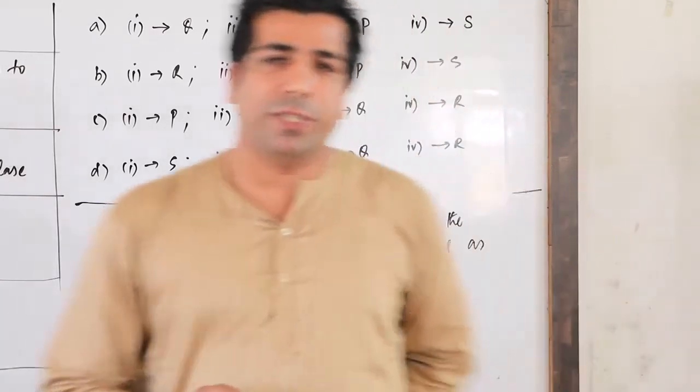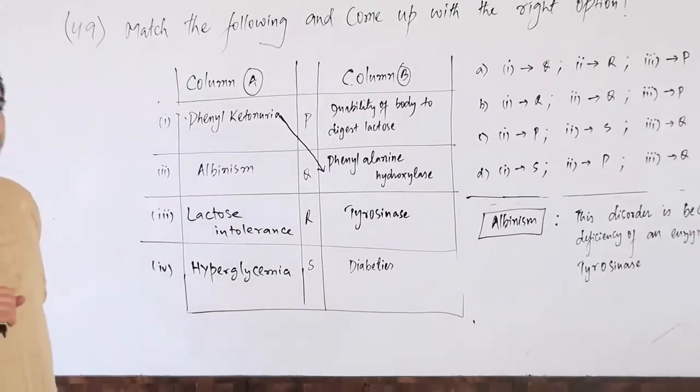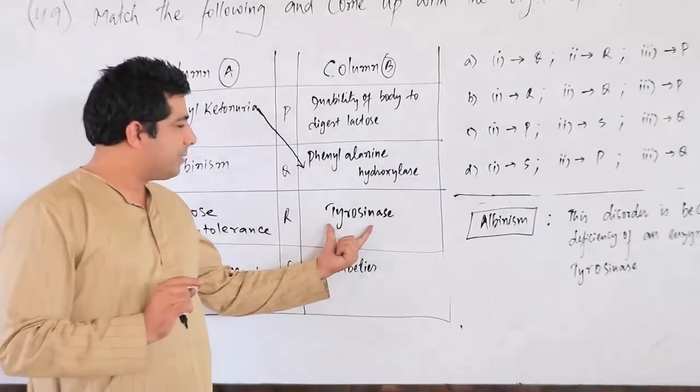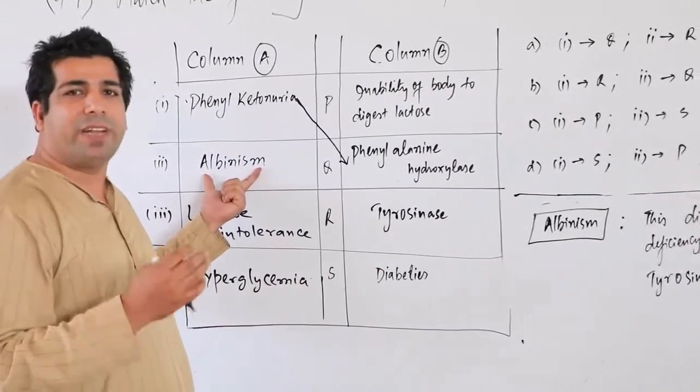So due to the deficiency of this enzyme called tyrosinase, what will happen? Have a look. Due to deficiency of this enzyme tyrosinase, what will happen? Albinism will actually be framed in the body.